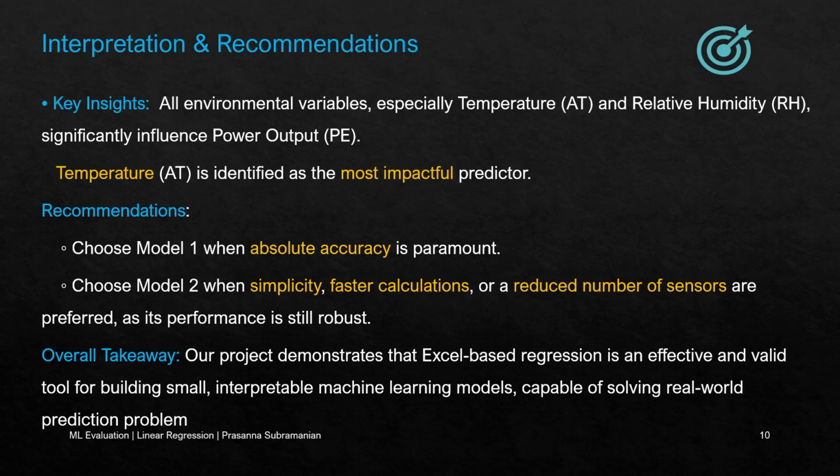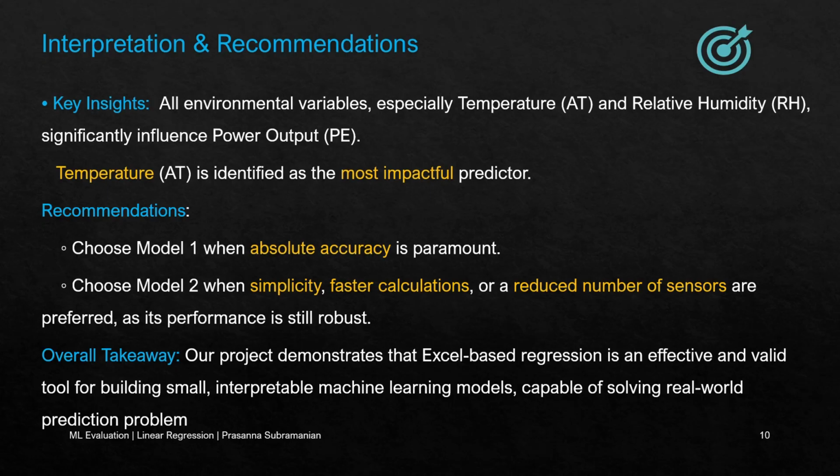So the interpretations and recommendations, in my point of view: the key insight is that all environmental variables, especially temperature and relative humidity, significantly influence the power output, which means temperature is identified as the most impactful predictor for both models.